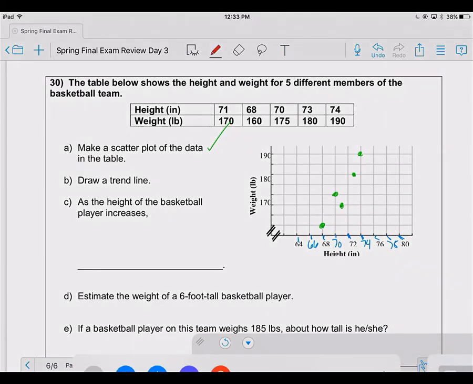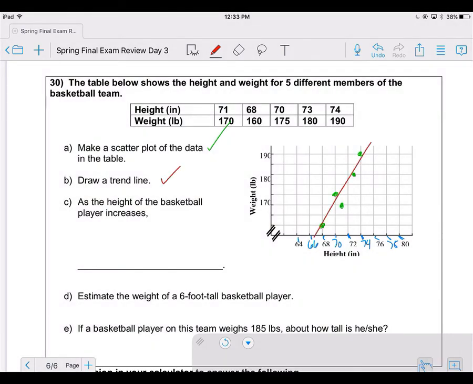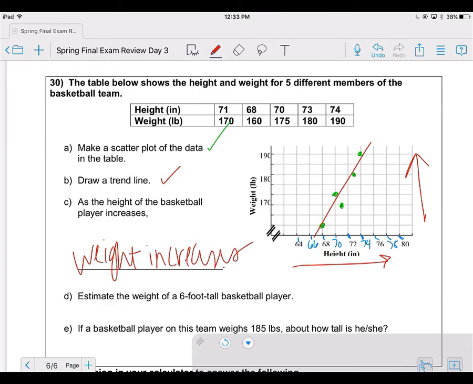Draw a trend line. As the height of the basketball player increases, weight increases. The weight of a 6-foot-tall basketball player, 6 feet tall, is 72 inches, because 6 times 12.